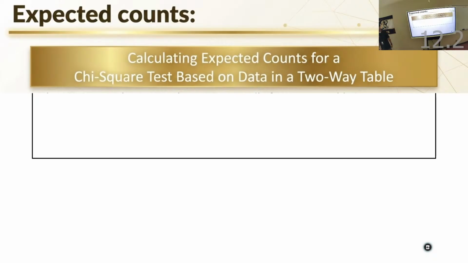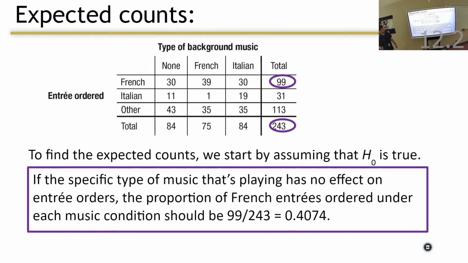So here's how you're going to calculate the expected counts. If this over this has to be the same as this over this, let me just show you mathematically. X over 84 has to be the same as 99 over 243. They have to be the same.